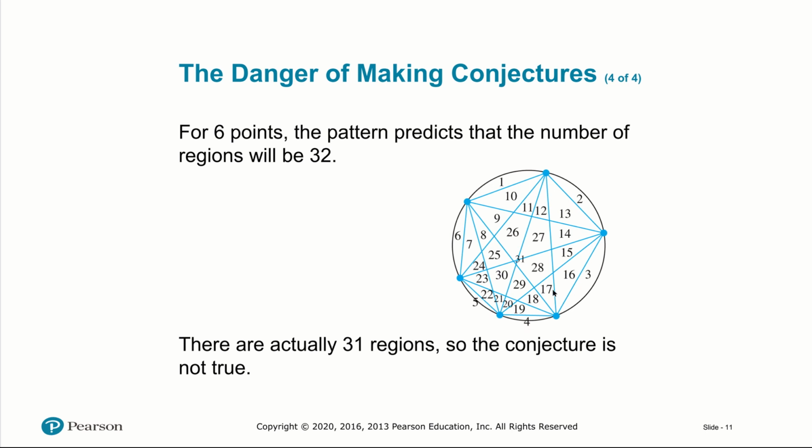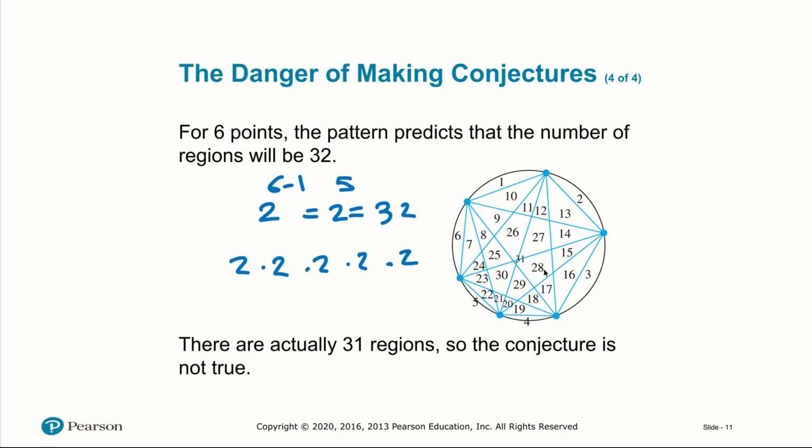You work your way on the outside, then you go one level inside, etc. So if you count them, you actually realize that according to the proposed conjecture, there should have been 2 to the 6 minus 1, which is 2 to the 5, which is 32. Remember, 2 times 2 times 2 times 2 times 2. That's 4, 8, 16, 32, right?